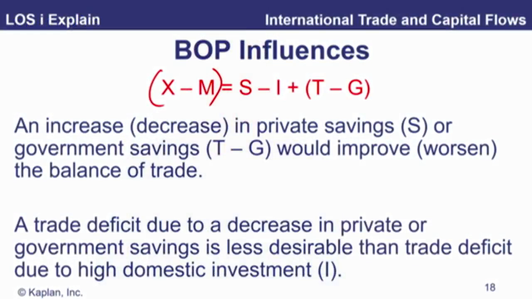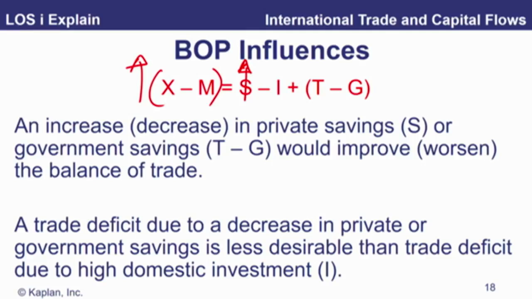So we can see the factors that influence our balance of trade. Let's just track through this first sentence. It says an increase in private savings. Well, our balance of trade is on the left-hand side. So if savings go up, holding all else equal, X minus M goes up. Exports minus imports, if that's going up, that's improving our balance of trade. So an increase in savings improves the balance of trade.